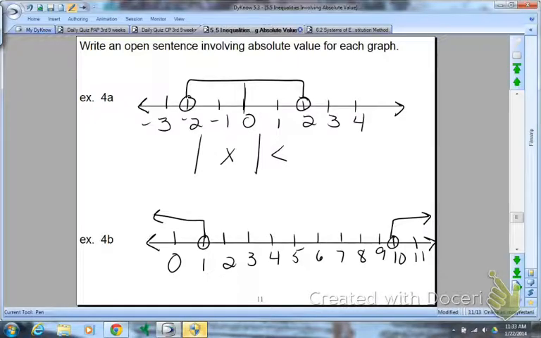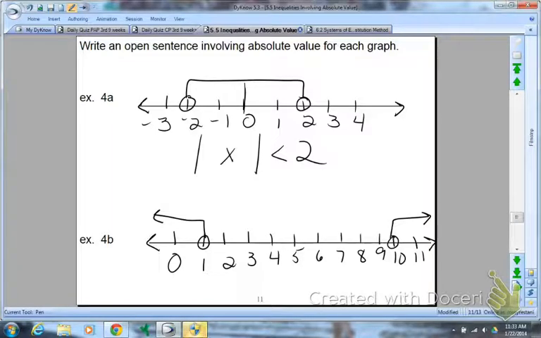Now, its absolute value of x is less than, from the middle, how many places did we have to go to the right? 2 places. How many did we have to go to the left? 2 places. So the distance is what? 2. So in this case, its absolute value of x less than 2, because the middle was 0.